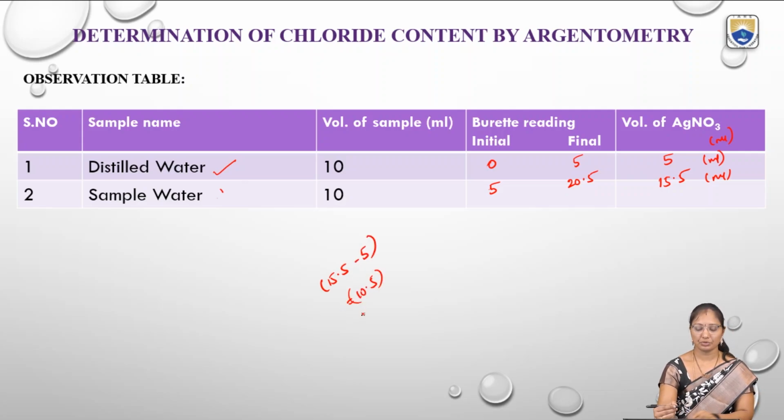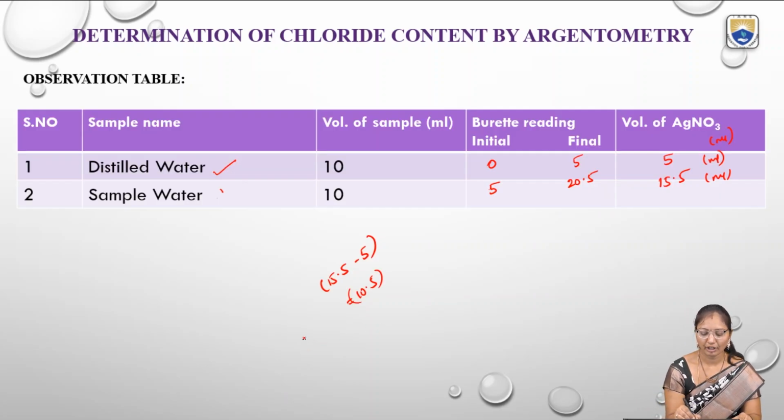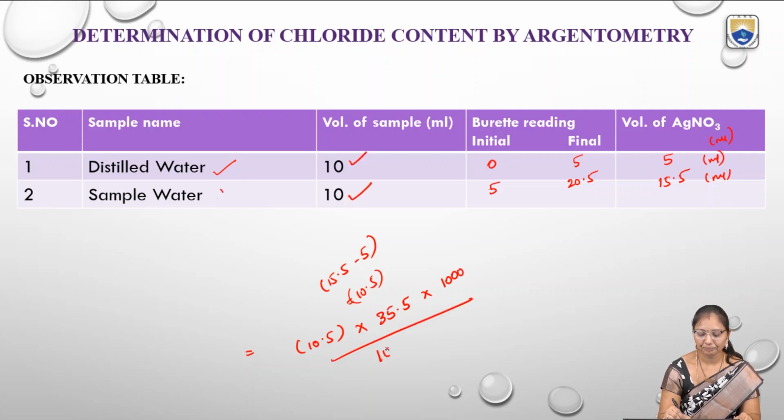We have to substitute this 10.5 in the formula. So 10.5 into 35.5 into 1000, divided by the volume of sample we took, 10 ml, into 0.01 normality of AgNO3.